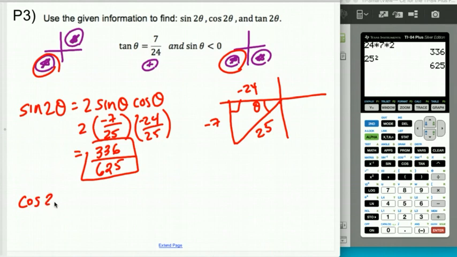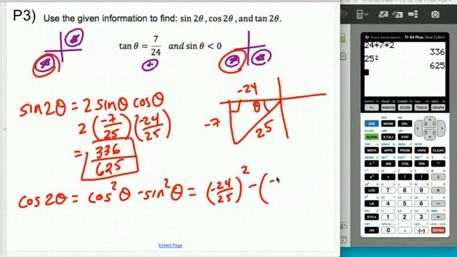For cosine of 2 theta, again, I'm going to argue that I personally think the cosine squared theta minus sine squared is the easiest option here, but it's up to you, right? So in this situation, my cosine of 2 theta is going to be the cosine squared, which was the 24 over 25, and it was negative, but it's about to be squared, minus the -7 over 25 squared, right?